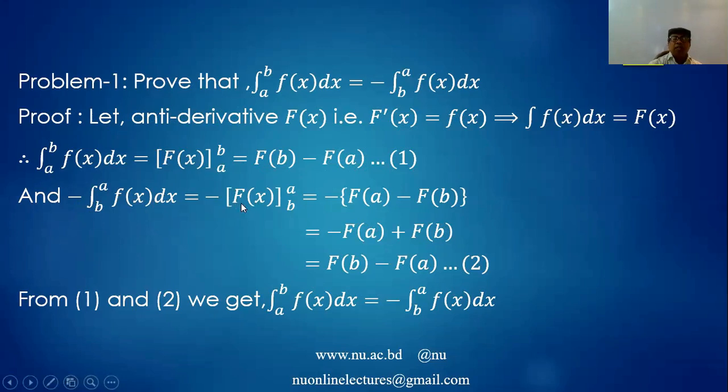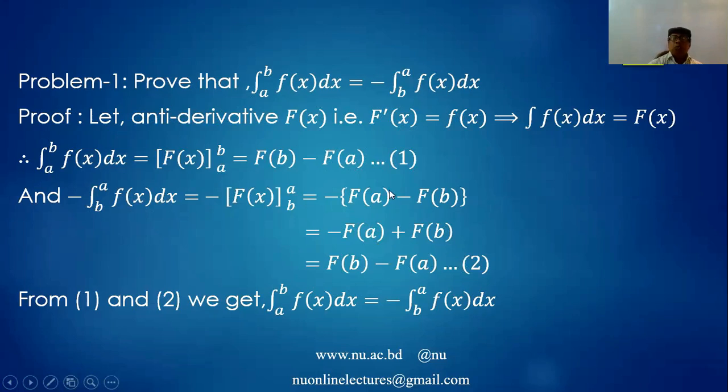It will be minus F of x from b to a. The upper value here is a, so minus, F of a minus, in the second bracket, F of b, because b is the lower value. You put the value of a first, so F of a minus F of b. After simplifying, minus F of a plus F of b, so F of b minus F of a.